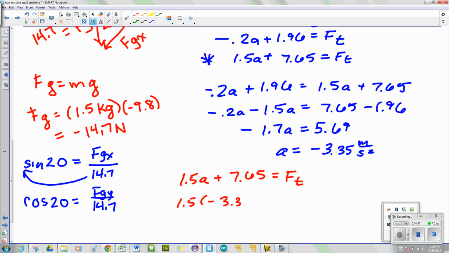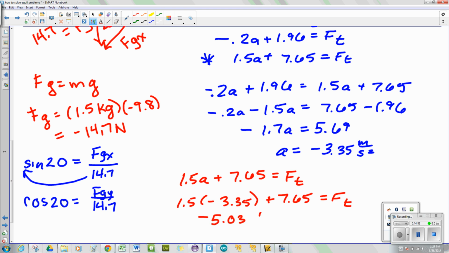But substituting back in, I keep my negative sign, and then I'm going to put in the calculator 1.5 times 3.35 equals 5.03.